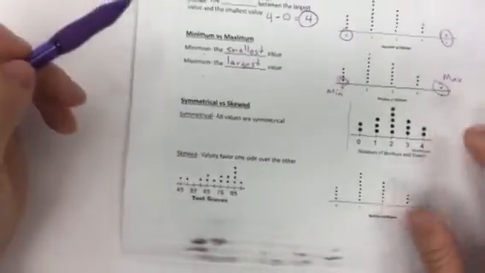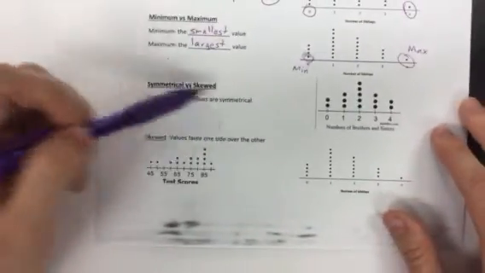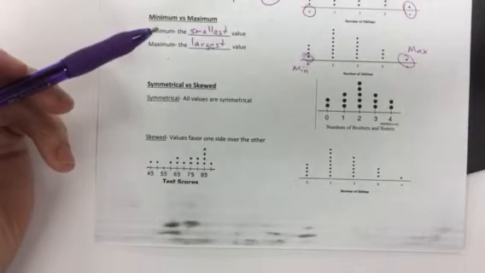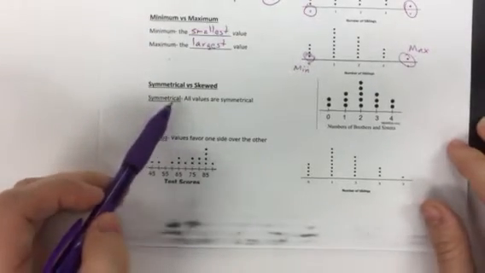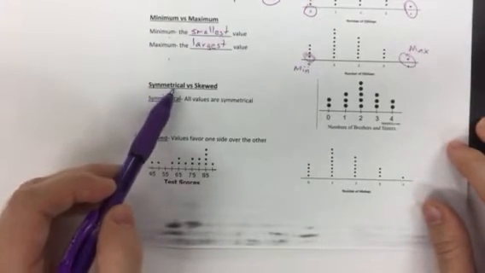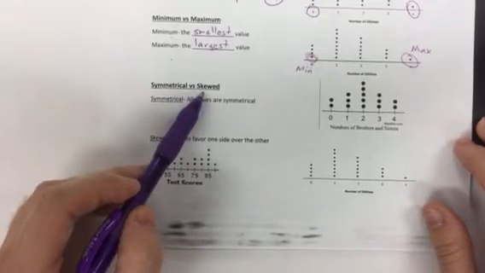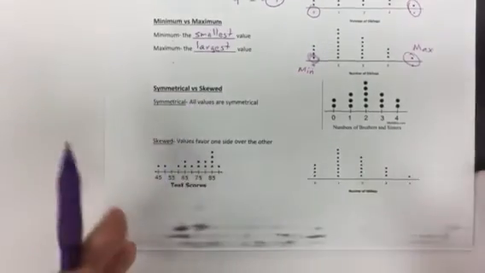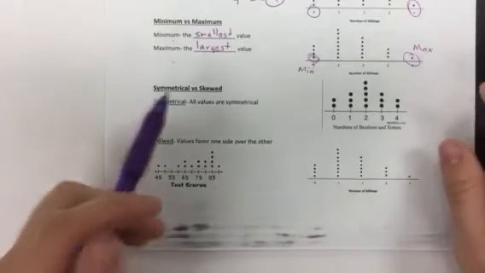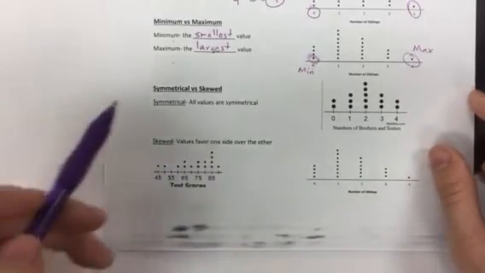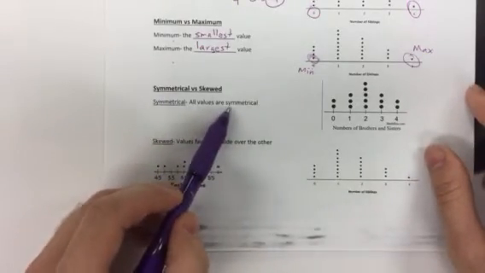Easy peasy. All right, I don't know if you guys have learned this piece here yet. It's not hard. There's something called symmetrical or symmetry versus skewed. Skewed meaning it favors one side over the other, which I guess I just wrote there. If you don't know what symmetry is, it's like cutting something in half, and what is cut in half this side looks exactly the same as what's cut in half this side.